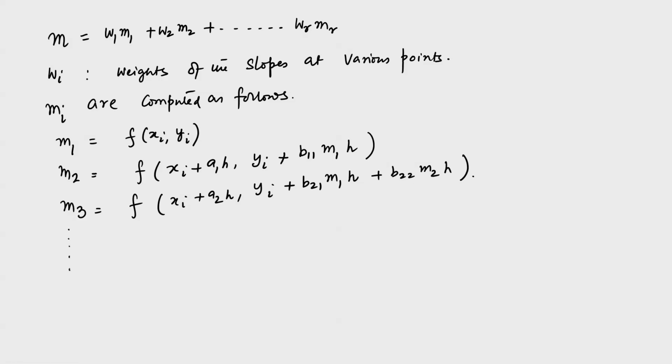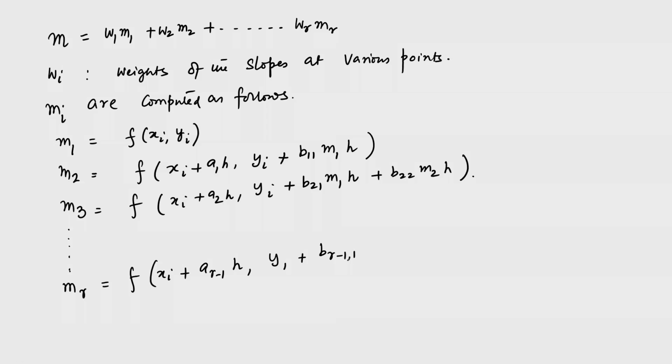So, you can write it for the R, MR, which is the rth slope, which is equal to f of xi plus A(r minus 1) h, and yi plus B(r minus 1, 1).